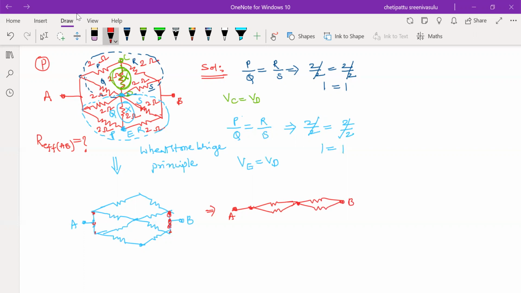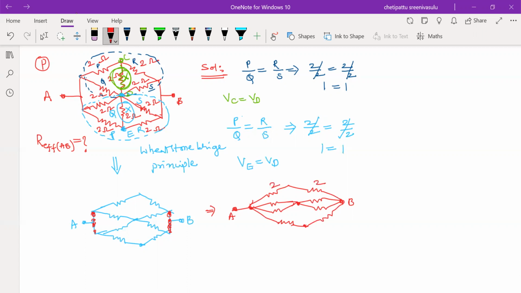On this side also, these all are the same potentials, and I am clubbing them here. Above, you can observe the circuit like this: one resistor and another resistor, and down one resistor, again another resistor. Here this is 2 ohm, this is 2 ohm.